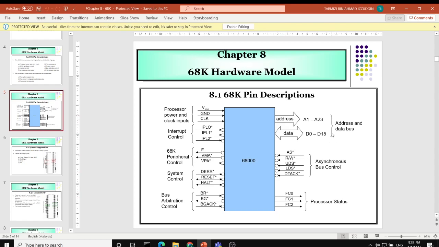So as you already know, we have an address bus and we have a data bus. These are the pins that are used to control all of the buses, okay? The address bus and data bus. And then we have asynchronous bus control.